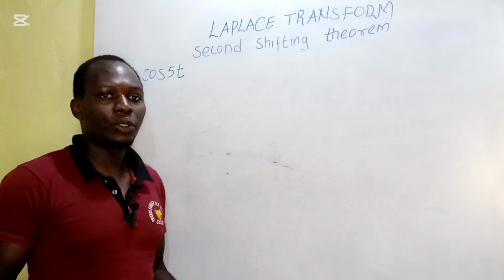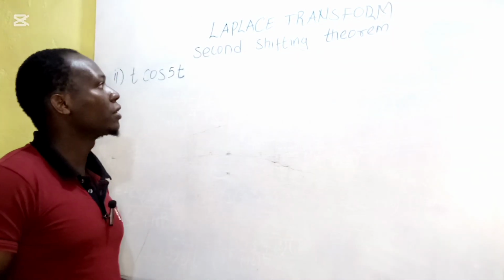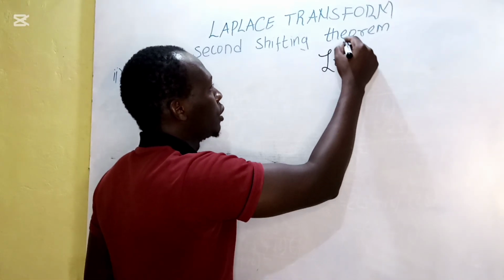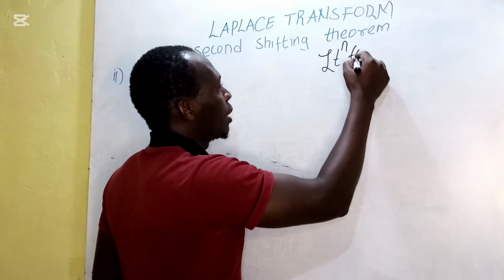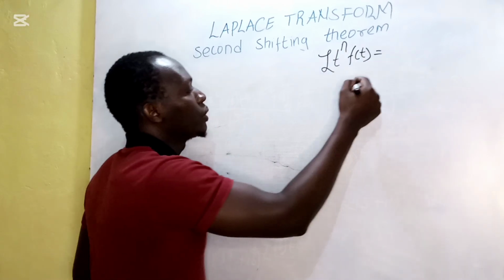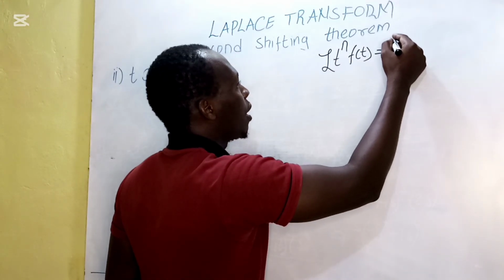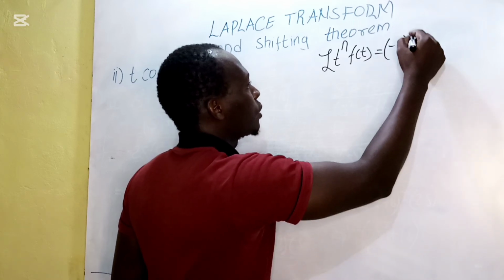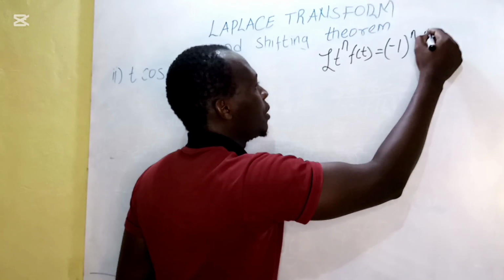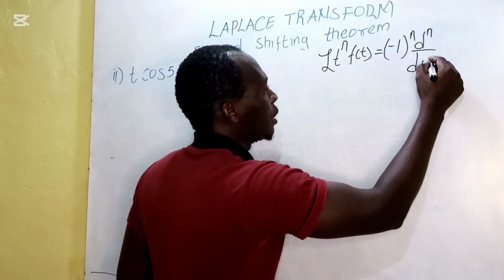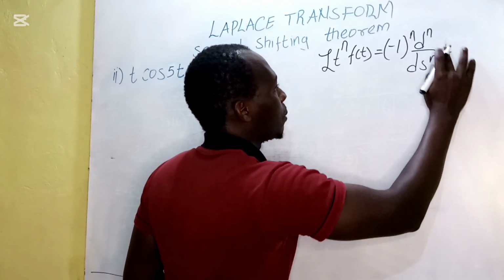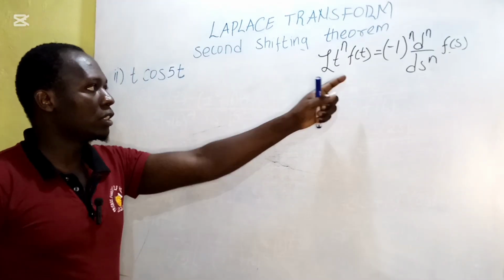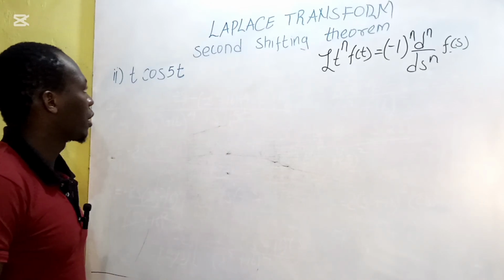The basic thing that we need to understand about the second shift theorem is the formula, whereby the Laplace transform of t to a power of n multiplied by our function f of t is equal to negative 1 raised to a power of n, d^n over ds^n, multiplied by our function F of s. This is our second shift theorem formula.